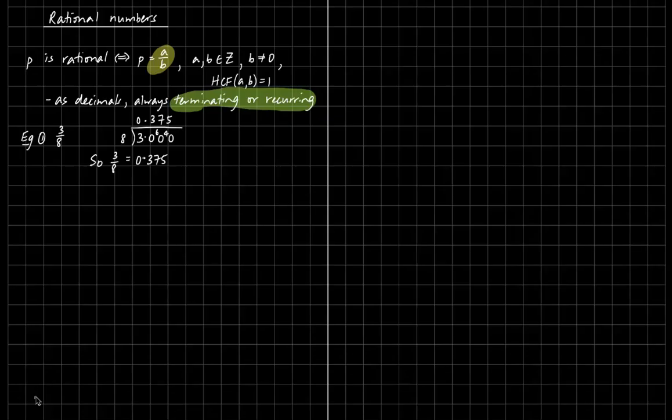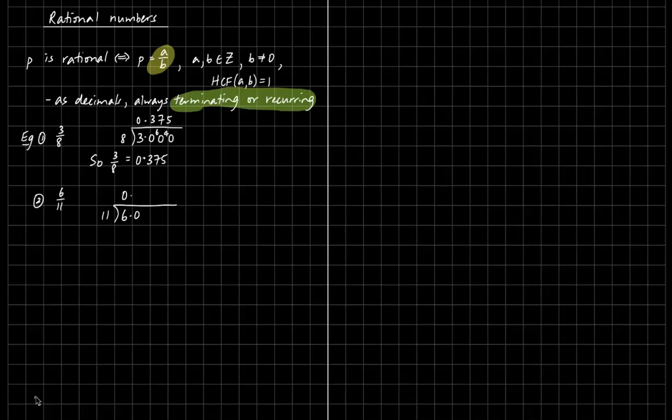What about one where it's not a terminating decimal but it's a recurring decimal? Pick something like 6/11, and this time I might use long division. It'll be a little bit easier as our numbers get larger. So let's say we're dividing 6 by 11. Obviously 11 doesn't go into 6.